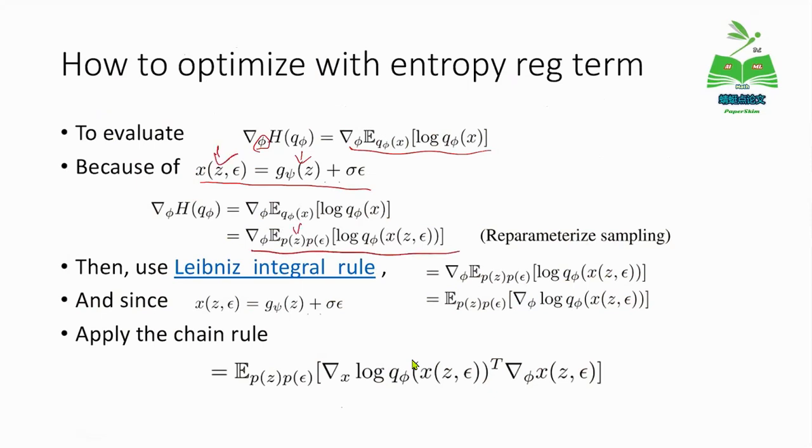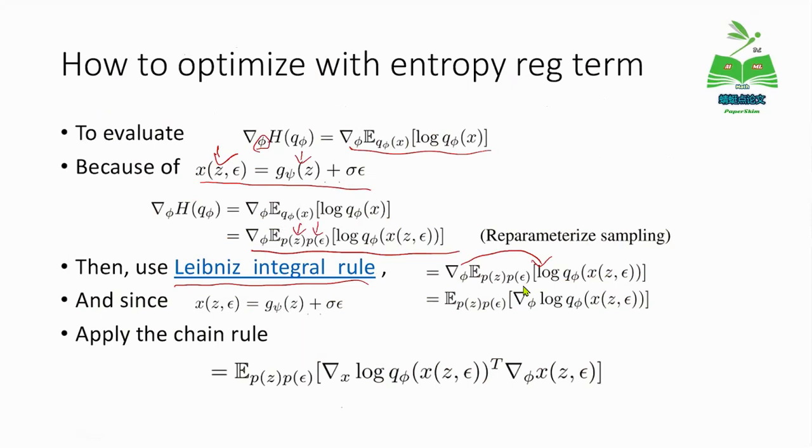It contains the reparameterized distributions P_Z and P_epsilon. Then they use the Leibniz integral rule to move the gradient into the expectation.